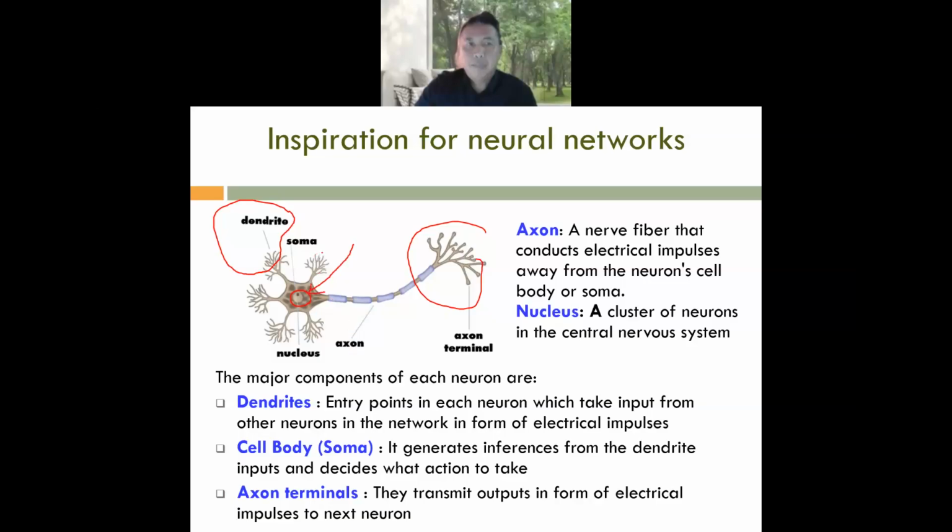Depending on the input that you get from all your inputs here, the dendrites, it will fire or trigger the electric pulse to the output. Okay, but for the activation function in neural networks, we have a few formulas that we can describe.